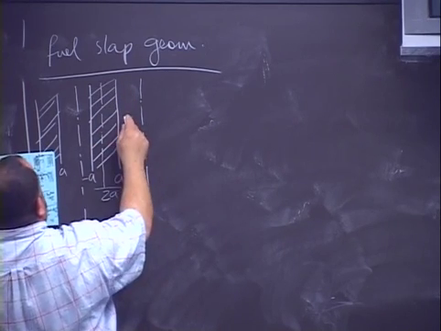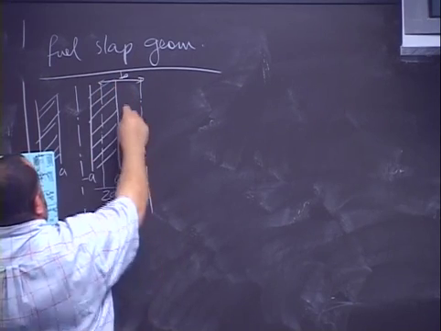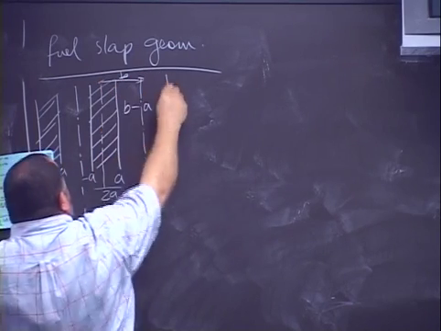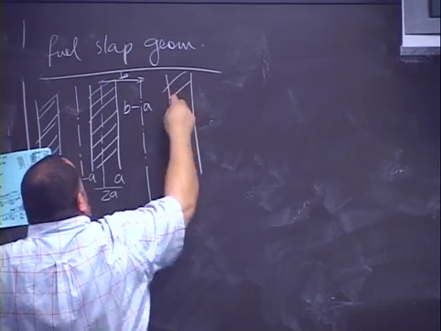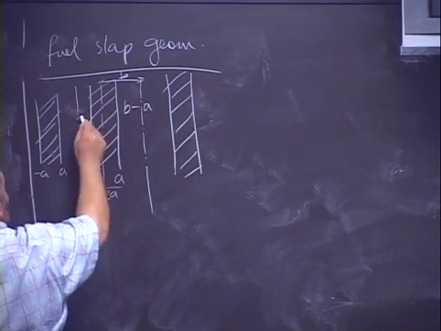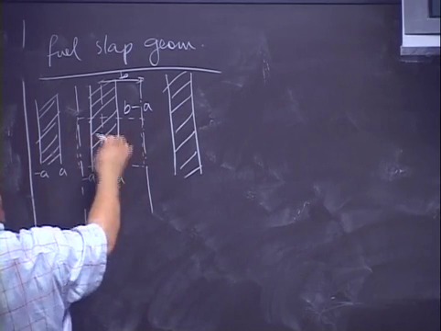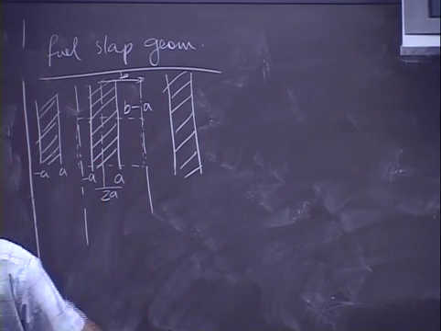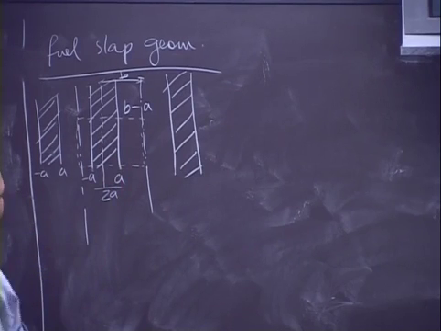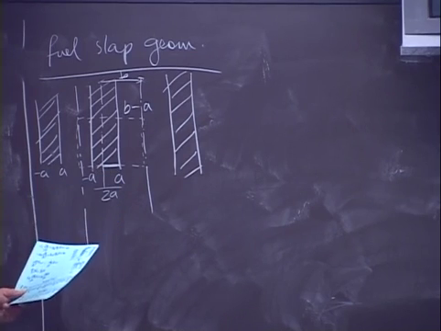And I have B from here to here for the moderator, so this will be B minus A. This is B to the center of the cell. Let's assume that the cell will be just this, an imaginary cell like this: fuel, moderator, moderator. So this is B from the center, this is B minus A, and this is A, which is half the fuel, and the moderator is B minus A.